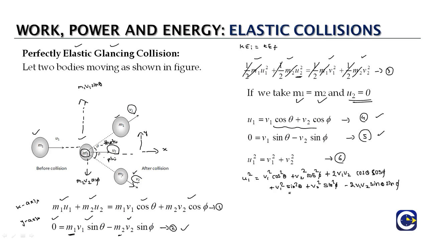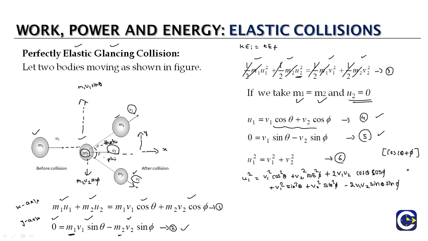Now we have v1 square cos square theta and v1 square sin square theta. When we add both of them, we take v1 square common out. Cos square theta plus sin square theta equals 1. Similarly, taking v2 square common out of the phi terms, cos square phi plus sin square phi is again 1. Taking 2v1 v2 common out of the remaining two terms, we have cos theta cos phi minus sin theta sin phi, which equals cos of theta plus phi.